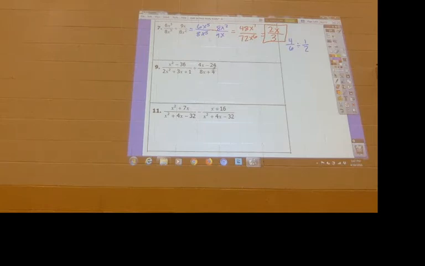So that means this second one has to be flipped. All right, so I'm writing the second one, x squared minus 36 over 2x squared plus 3x plus 1. Now it's times 8x plus 4 over 4x minus 24.